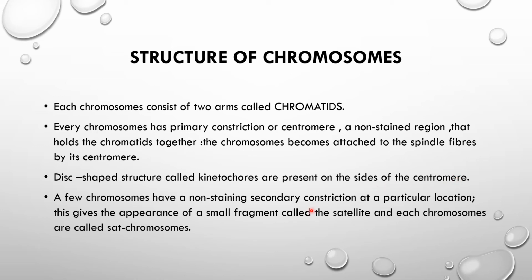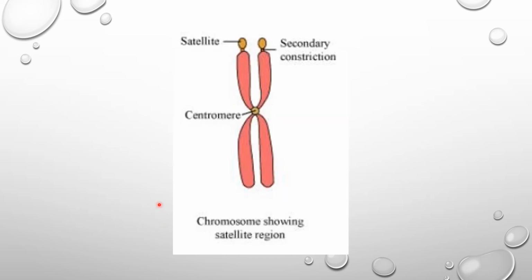A few chromosomes have a non-staining secondary constriction at a particular location. This gives the appearance of small fragments called satellites, and each such chromosome is called a SAT chromosome. In this image you can see the chromatin.